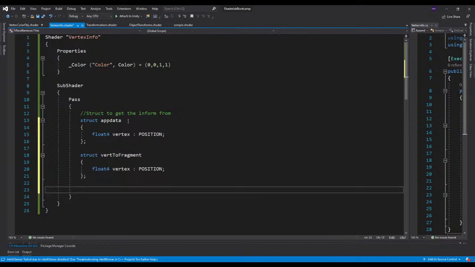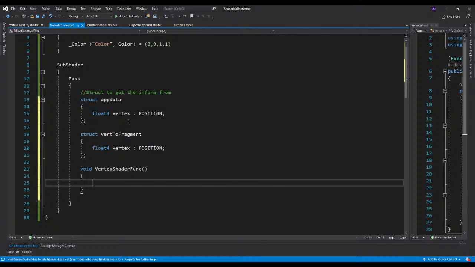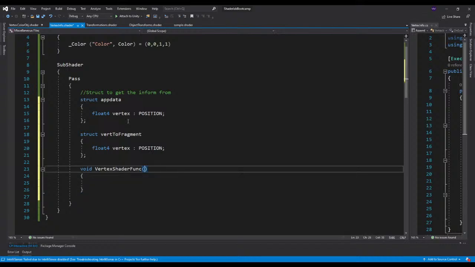Then we create our own vertex shader. So how do you write a simple function? Void vertex function. Okay, it was supposed to be predefined. All right, and here we are going to take some data.